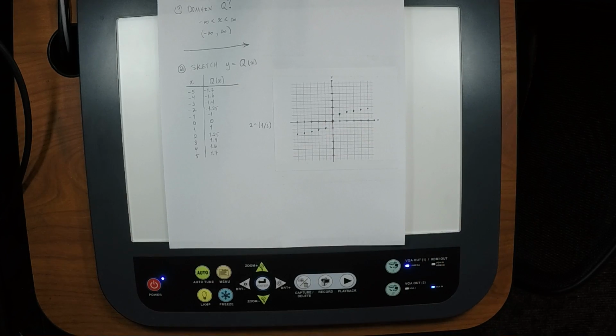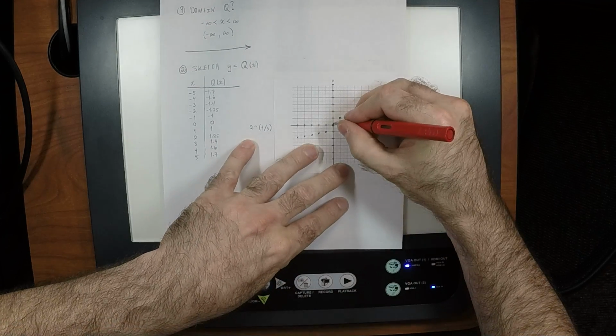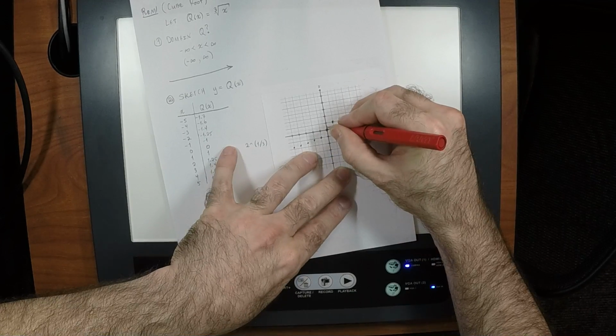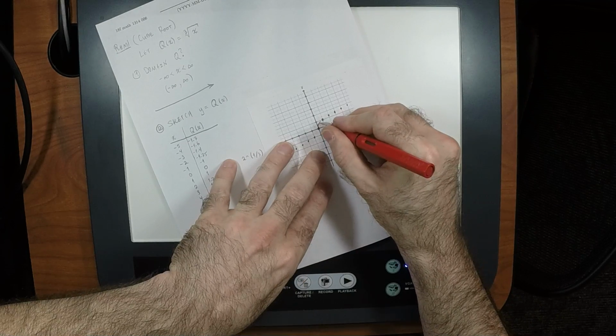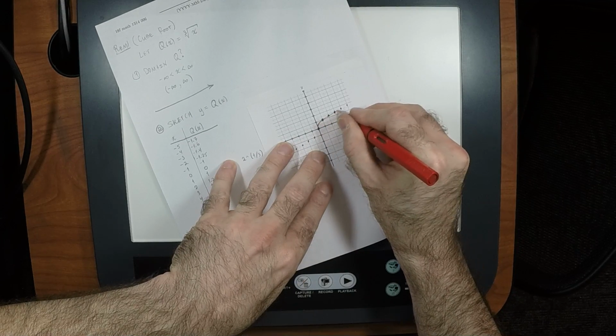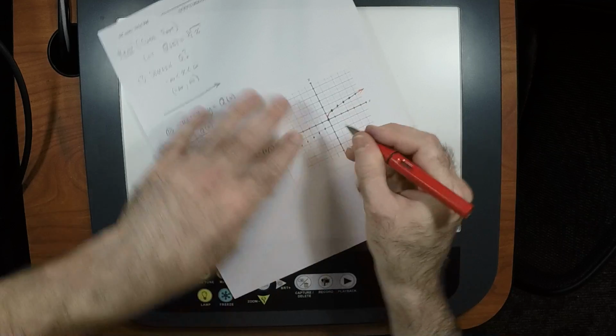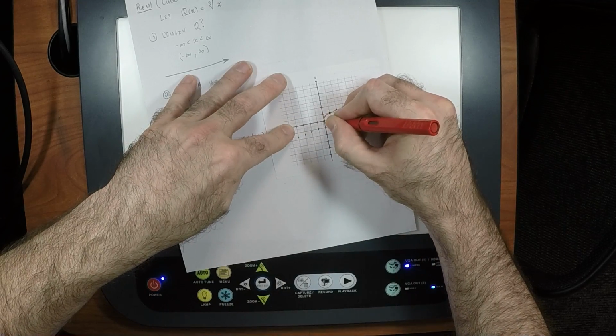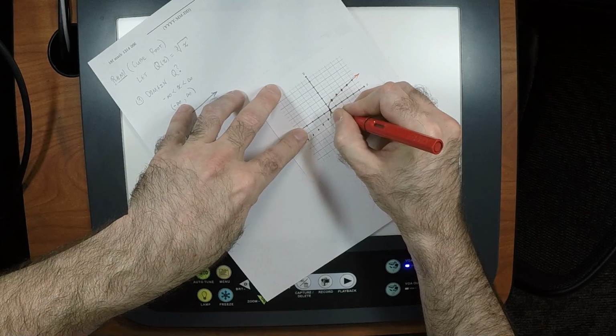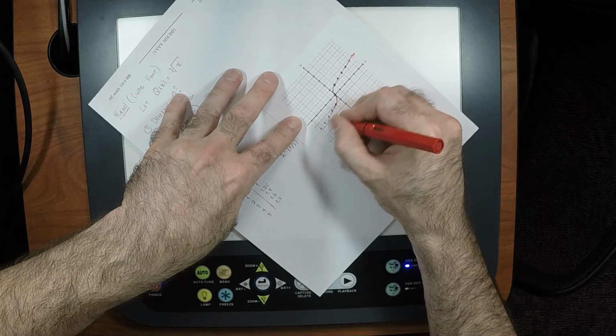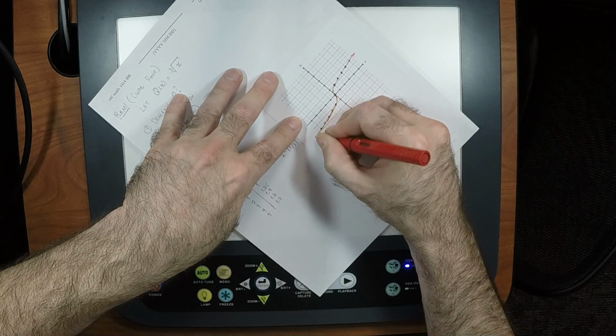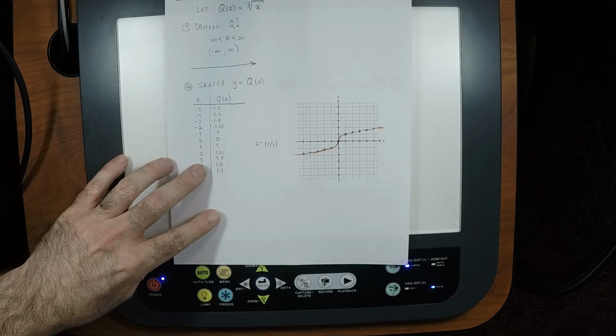Okay, so then there's several of them. If we plotted even more points, then it would end up looking like this. Something like that.